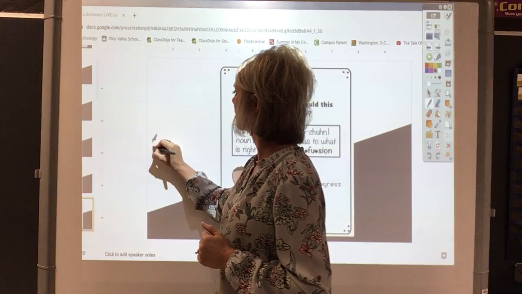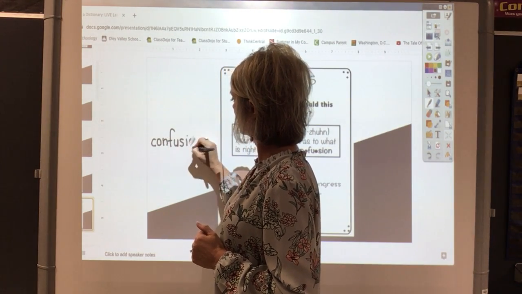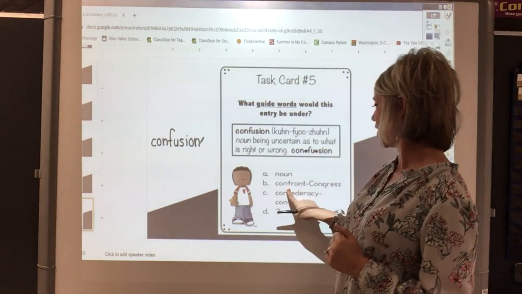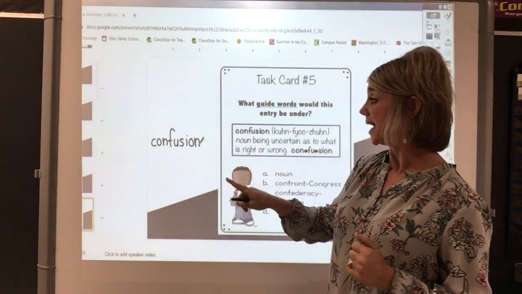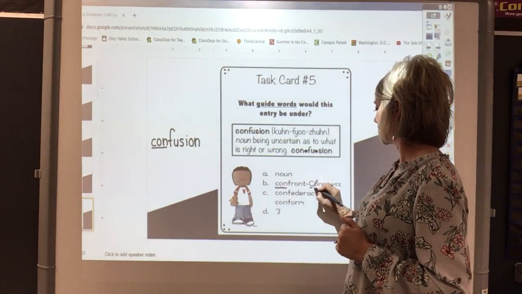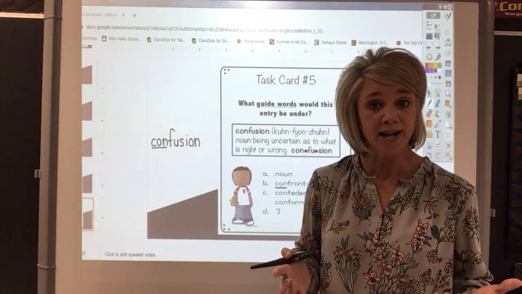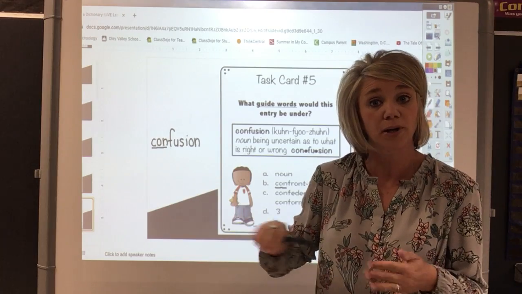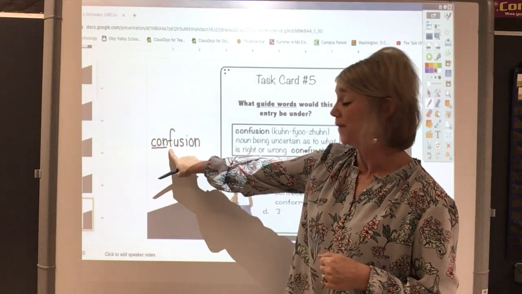I'm going to write that word confusion over here. And I want to start with confront and congress. You'll notice that confusion, confront, and congress all start with C-O-N. So we can kind of ignore that part of the word. Confront also has an F in it.